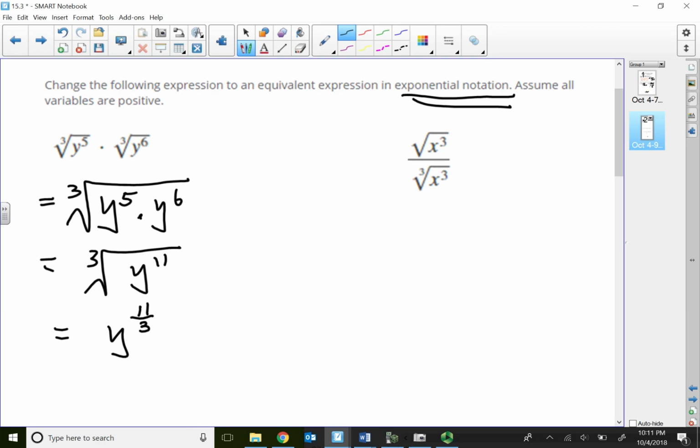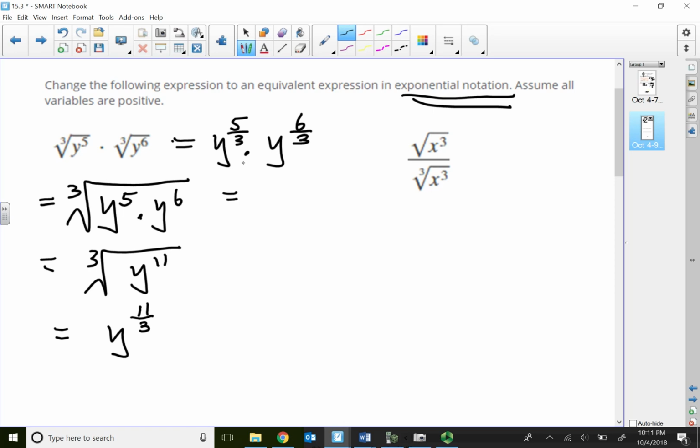So what's another way of doing the same problem? It's to convert each radical into a fraction exponent. This very first one can be written as y to the 5 over 3, because the denominator determines the root, times y to the 6 over 3. But we know 6 over 3 is the same thing as 2.